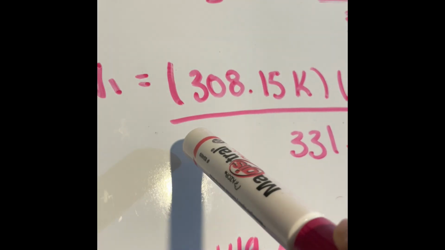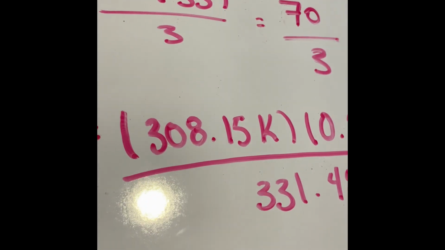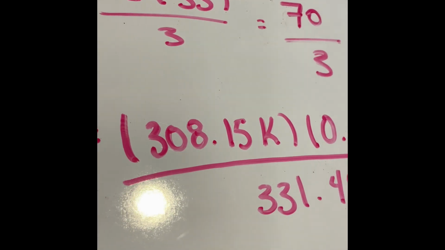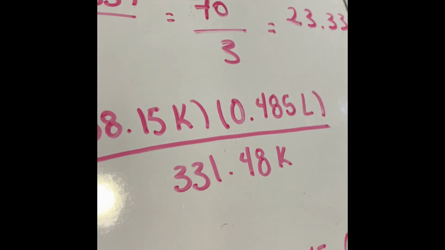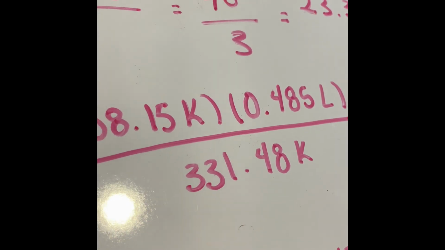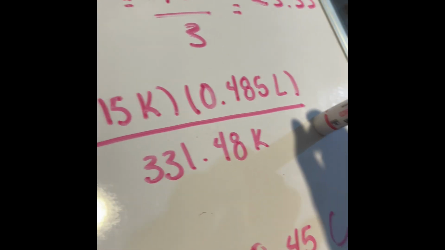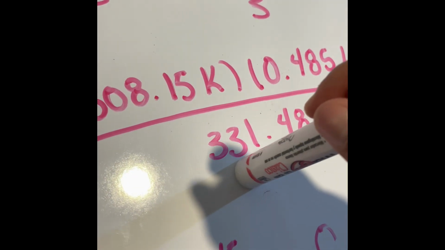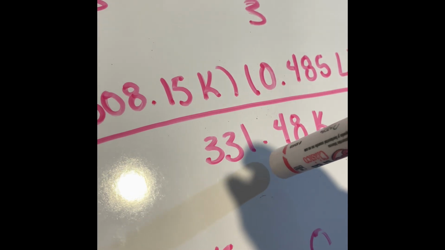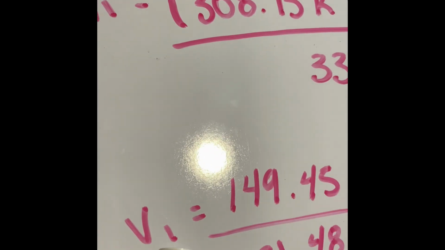So for V1 the formula is 308.15 Kelvins times 0.485 liters, and under 331.48 Kelvins. So there we go.